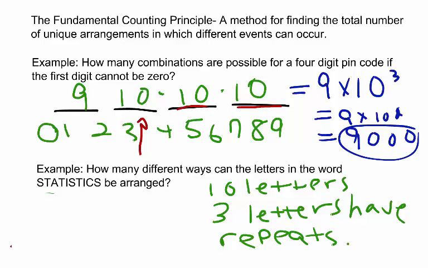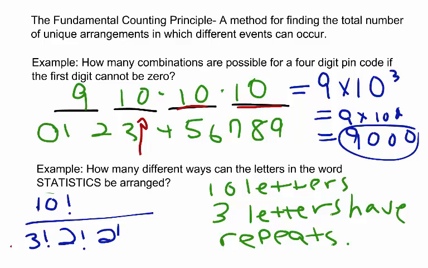So, we'll set it up by taking 10 factorial, which represents the total number of letters in the word, divided by 3 factorial times 3 factorial times 2 factorial. These values represent the number of times a letter is repeated in the word.